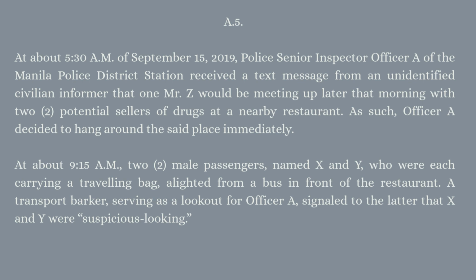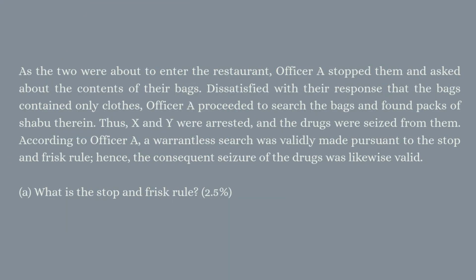At about 9:15, two male passengers named X and Y, who were each carrying a traveling bag, alighted from a bus in front of the restaurant. A transport barker, serving as a lookout for Officer A, signaled to the latter that X and Y were suspicious looking. As the two were about to enter the restaurant, Officer A stopped them and asked them about the contents of their bags.